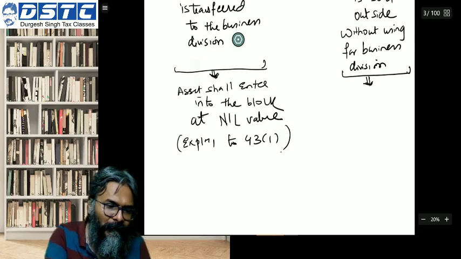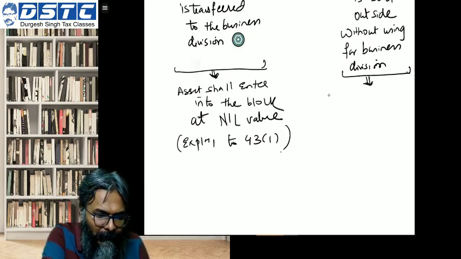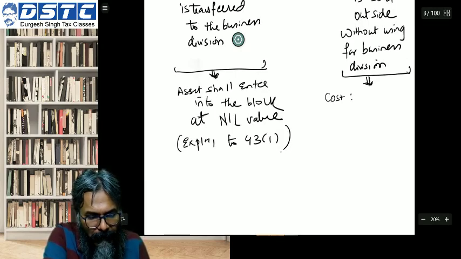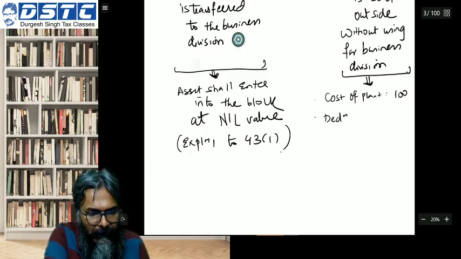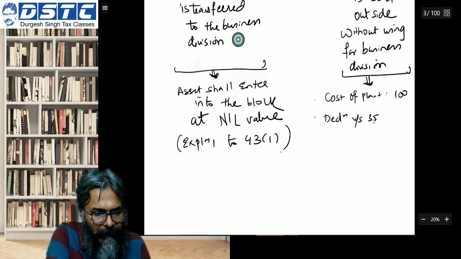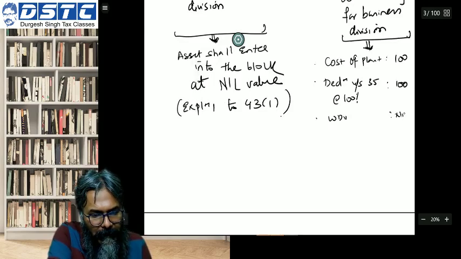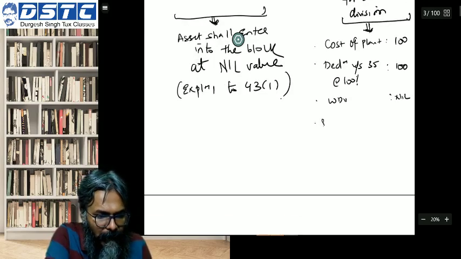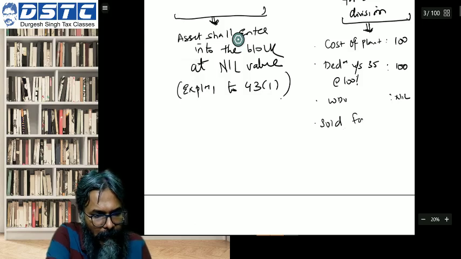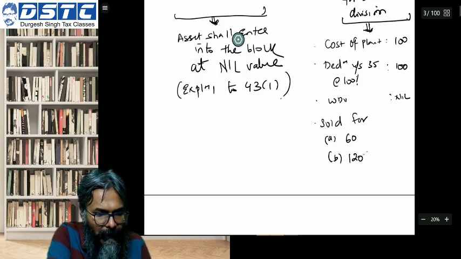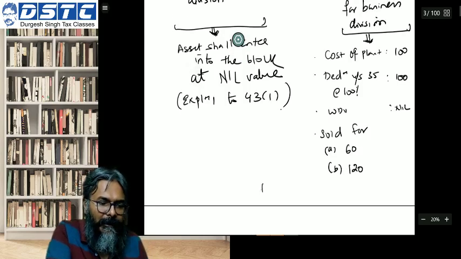So here also, students, what would be the situation? Say the cost of a plant is 100. Deduction under Section 35 at 100% is 100. Now the WDV has become nil. Now it is sold for point A, 60, and point B, 120. What is the treatment in this case?